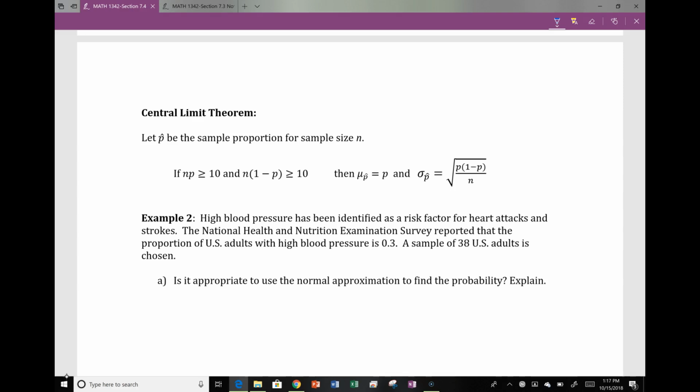What we're saying is we have a large enough sample. If we do not have a large enough sample for these to be greater than or equal to 10, then we don't know for sure that it's normally distributed. If it's not normally distributed, I can't use any of these calculations that we've been using up to this point.